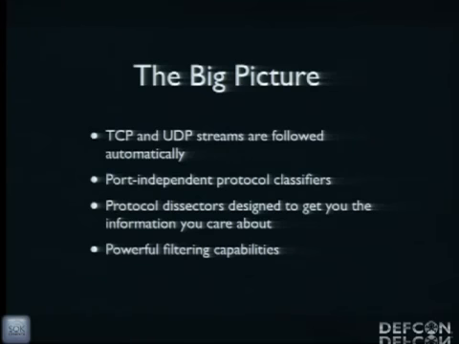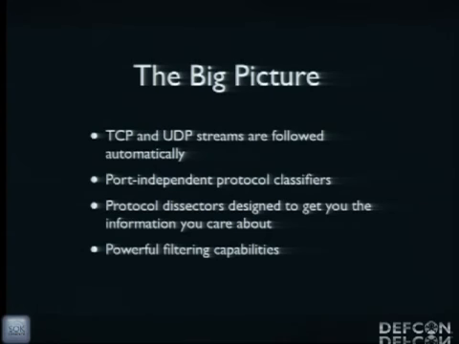Afterwards, it runs the streams through a port-independent protocol classifier, because you never know if someone's hiding things by using different ports. It prioritizes common ports for common protocols, so it will look for HTTP running on port 80 or SSH running on port 22 first. But if those classifiers don't match, then it will start running through the other classifiers.